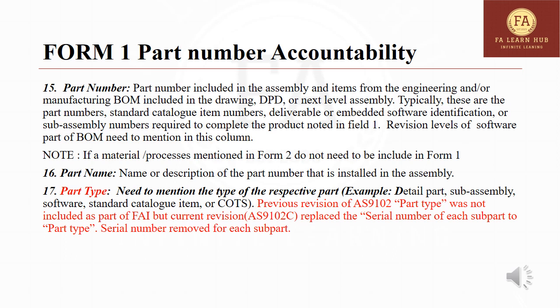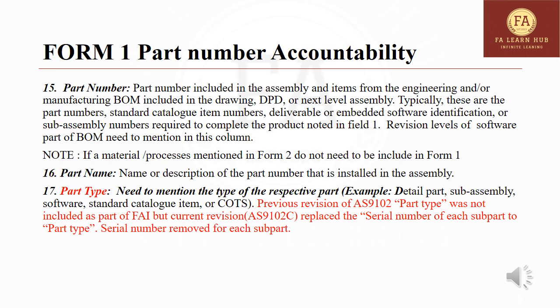If a material such as raw material, or any processes, or any modified code part or modified catalog item is there, we have to mention it in Form 2. If something is mentioned in Form 2, we don't have to mention it in Form 1. Other than those, all the subpart numbers we have to mention in field 15. This gives the accountability of each subpart used in this assembly part or FAI part.